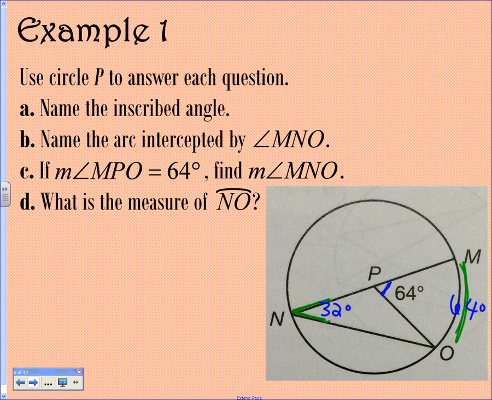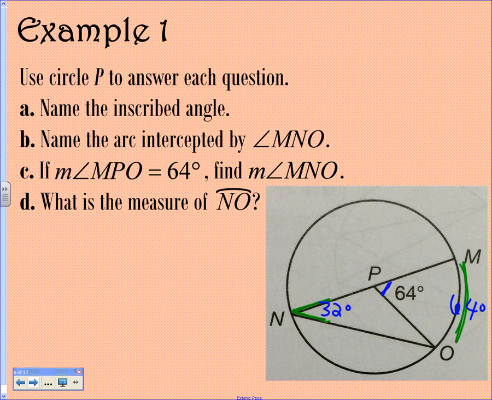What makes the angle 64 make the arc 64? This is a central angle. And so central angles and the arc have the same measure. Okay, so what is the measure of arc NO? How'd you get that?